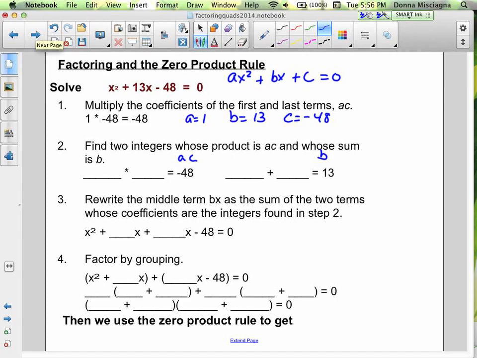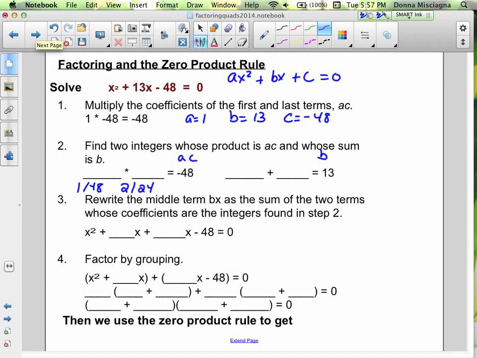So we need two numbers that multiply to give us negative 48, but add to give us 13. Those two numbers are going to multiply to give us 48, so it's going to be a factor of 48. So for instance, 1 and 48, or 2 and 24. Notice none of them are 13 apart. If they have a negative product, one of them is negative.